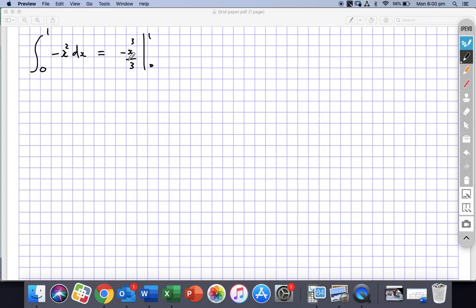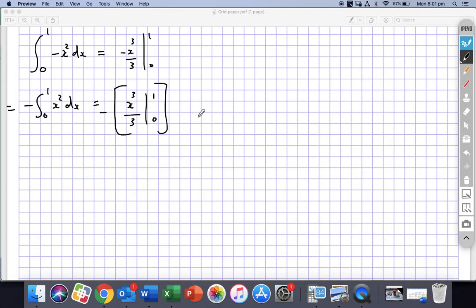Now we could write this out as a proof. It's the antiderivative of x squared: you add 1 and then divide by what you've added. You would evaluate it from 1 to 0, but you'd have to take a minus of your answer.